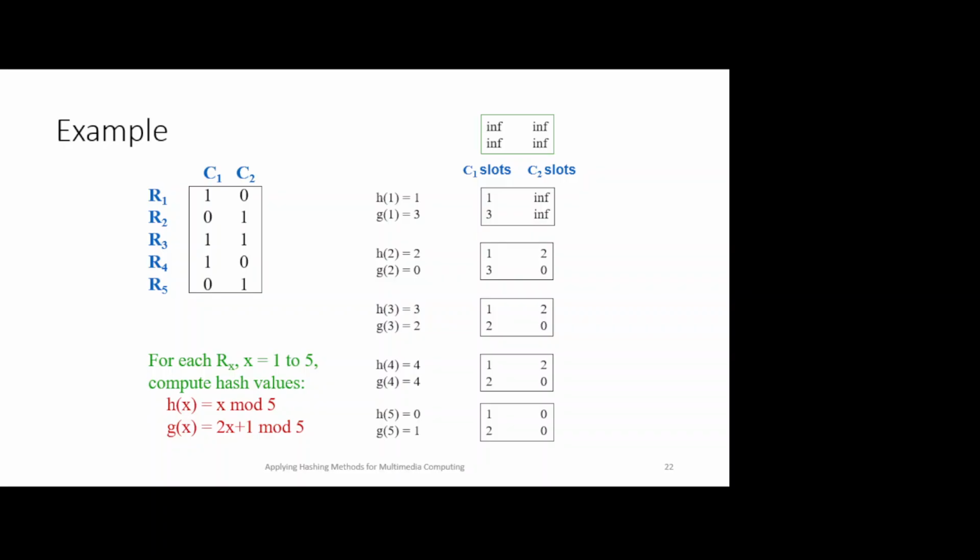We just repeat for the third row. You find the hash values 3 and 2, and you check that for the third row both documents have 1, so we can compare. 3 is bigger than 1, so I cannot replace it.